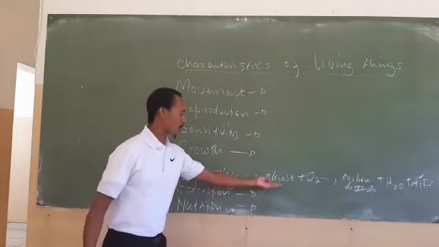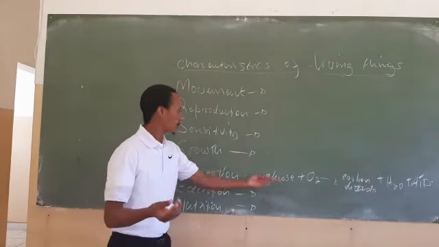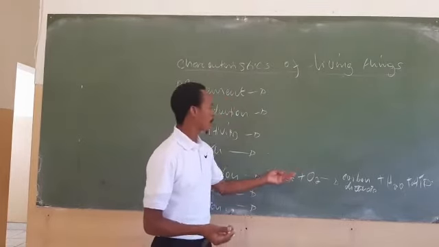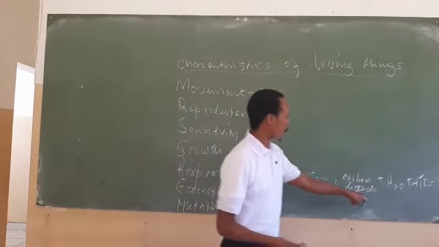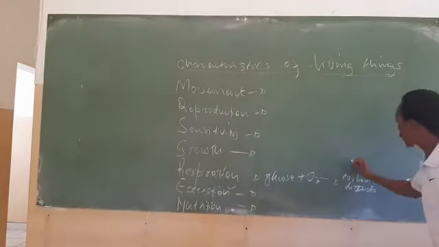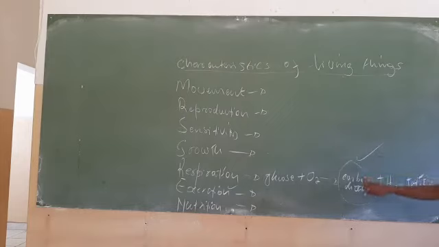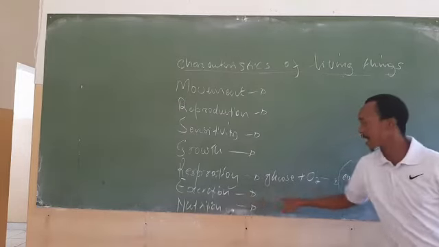Then the glucose is burnt by the oxygen to form carbon dioxide. This carbon dioxide produced is actually a byproduct. We don't need much of this in our body system, right? Then what happens to this carbon dioxide? This is the byproduct that must be excreted out of the body.